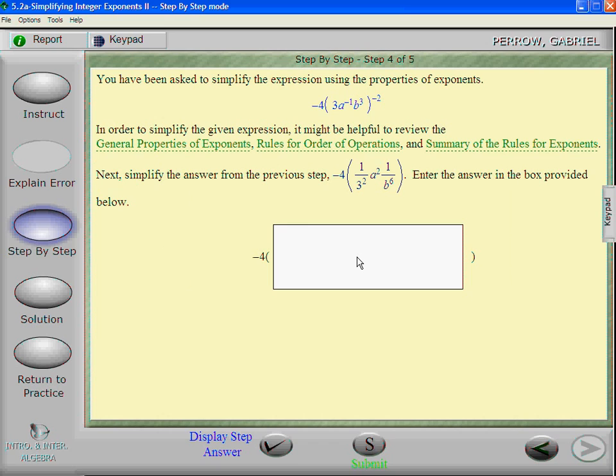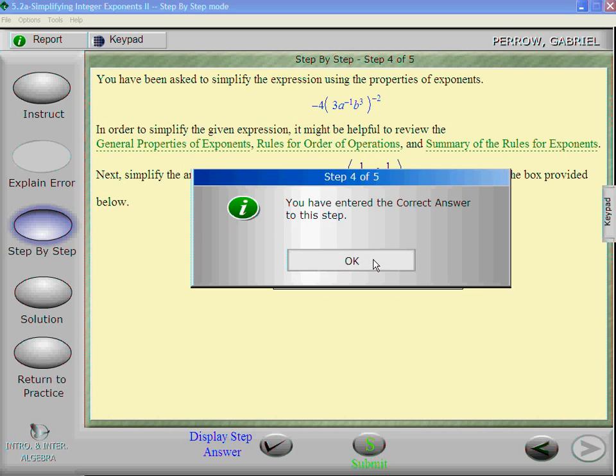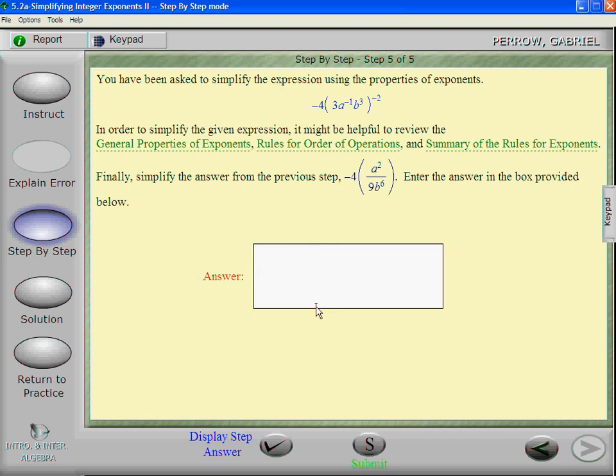I flipped the negative powers down below, positive powers up above, or stayed up above. So we end up with a fraction that combines all that stuff of saying a squared is on top, and then down below 9b to the 6th power, which should end up being as a final answer when you multiply in the negative 4.